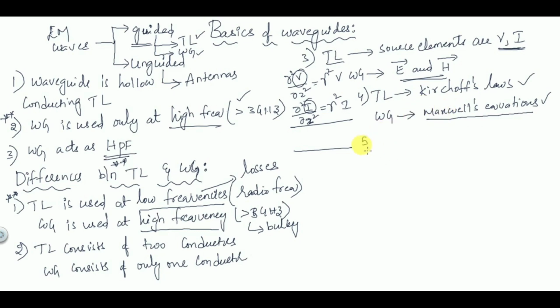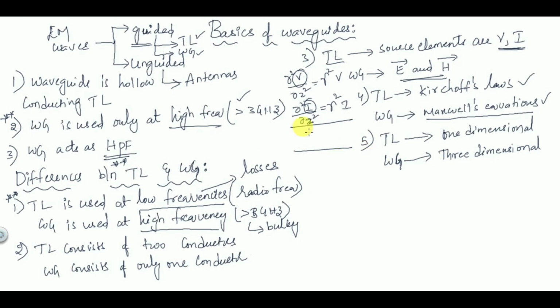The fifth difference is that, since we have voltages and currents, a transmission line is analyzed in one dimension. For a waveguide it is three dimensional; that is, we have to take a coordinate system and do the analysis.